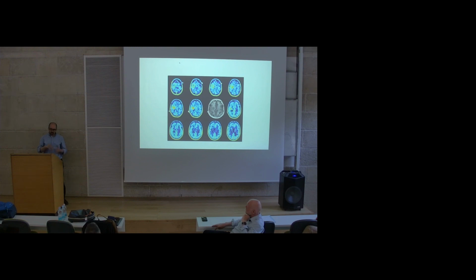We also do dynamic images which show a specific phase of uptake and washout, and through the uptake and washout, you know how these cells are functioning. So here we see the image, and it's with more radioactive material uptake.